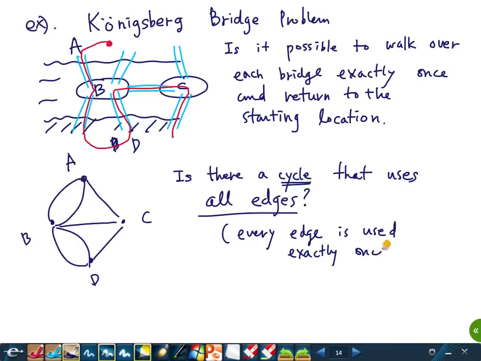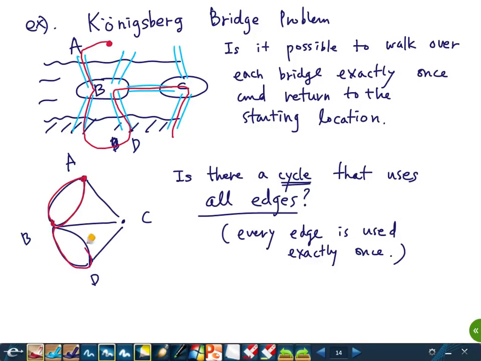Exactly once. That is kind of inside this sentence. The question is like that. Is it possible to find a cycle that uses every edge exactly once? Such a cycle is called an Euler cycle. So in other words, because a cycle is a sequence of edges sharing a vertex, that can be written in this way.